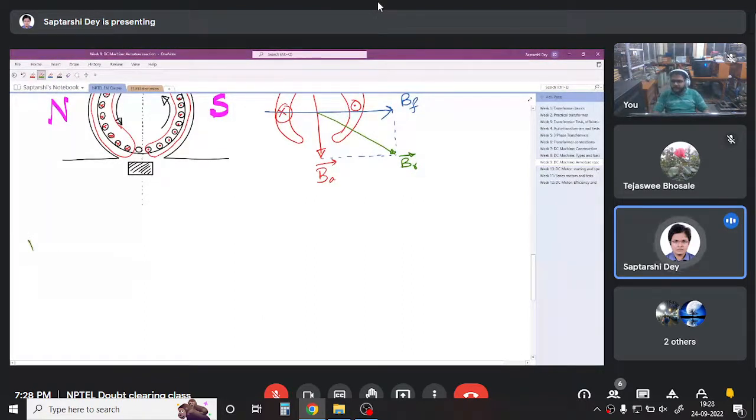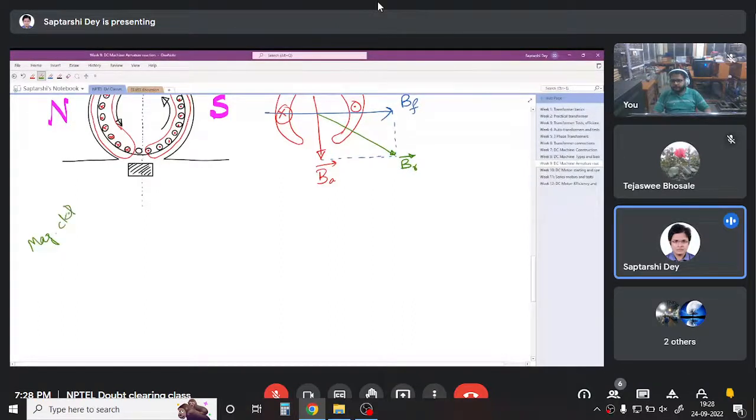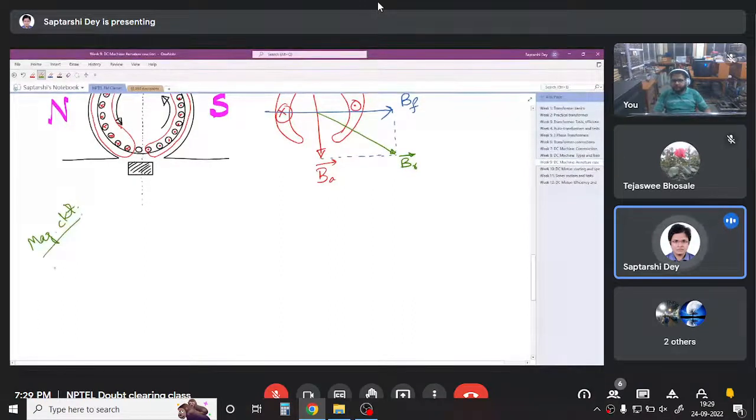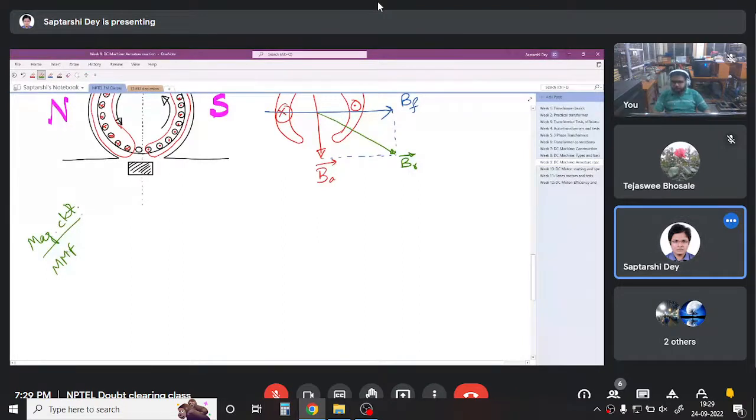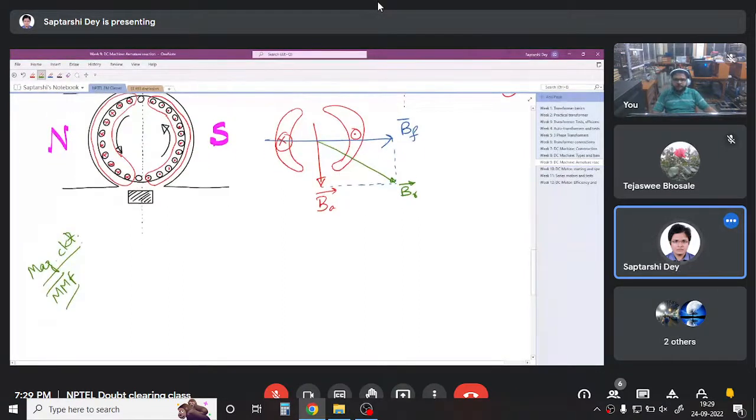We have a magnetic circuit, just like an electrical circuit, with two B fields, or we can say two MMF sources, and we have to find the net effect.